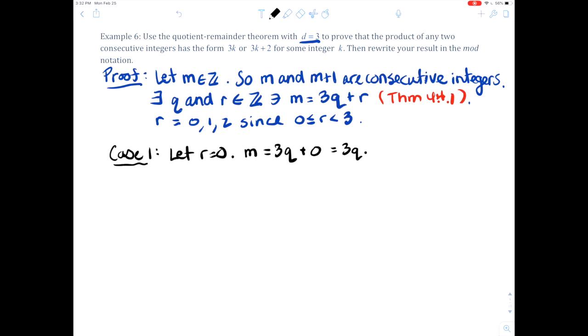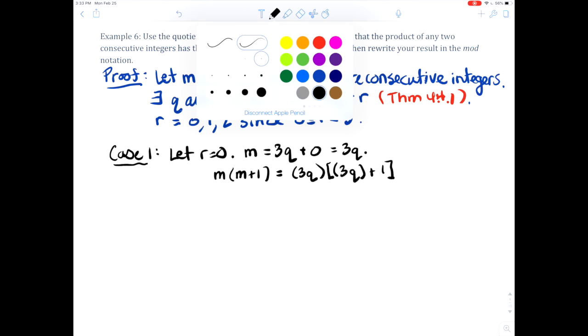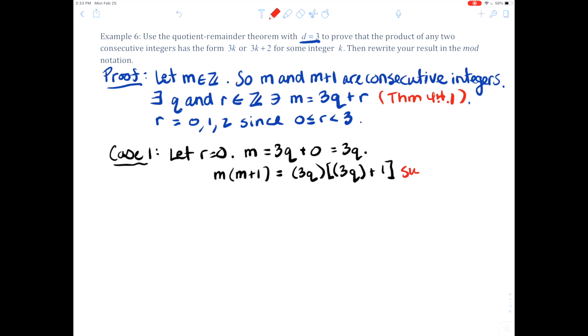Good so far? So now doing the m times the m plus 1 will give us 3q times 3q plus 1. And that's just by substitution.